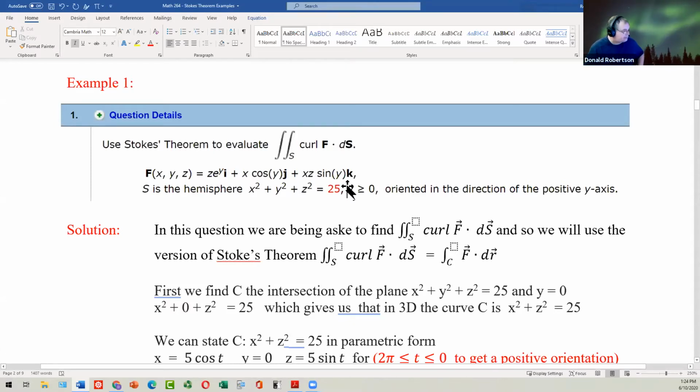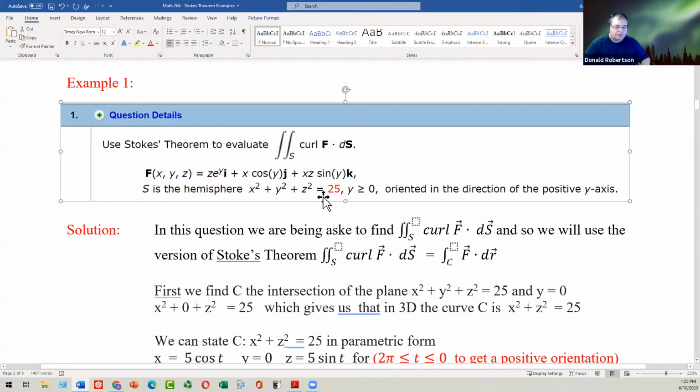Then y greater than or equal to 0 is you're cutting the sphere and then taking everything on the side that has a y coordinate of greater than 0. When I try and find what the curve C is, I'm trying to find where this fella, the x squared plus y squared plus z squared, which is a surface of a whole sphere, meets up with the slice y equals 0.